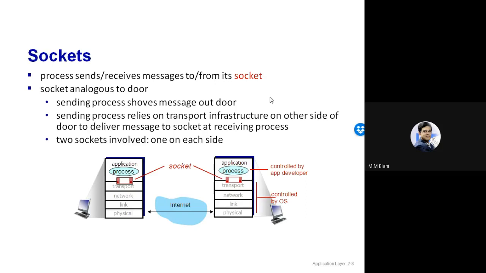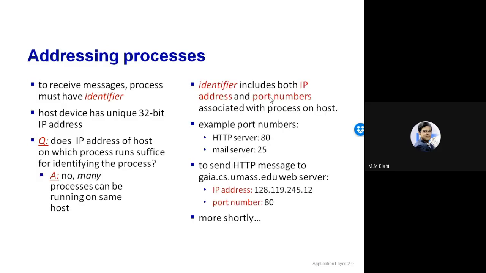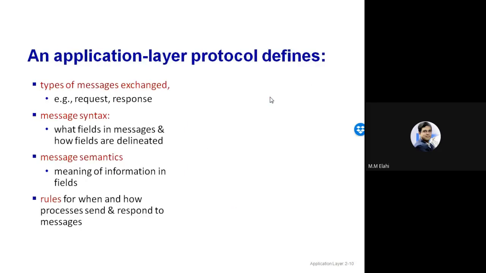Similarly, the email server uses port number 25. So every server has an IP address and a corresponding port number for a particular application. Whenever a client needs to connect to a server, it needs to use both the IP address and port number. That is specified here. This was also covered in the last class.